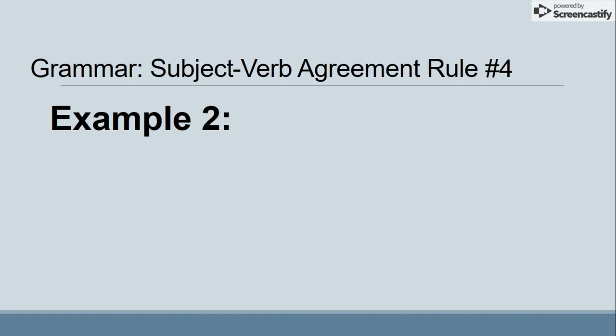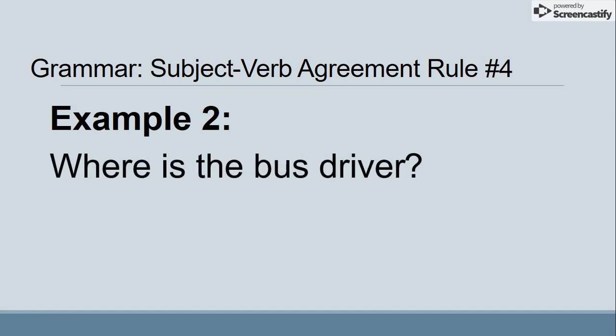Our second example are questions. Questions are always inverted sentences. The subject is always going to be after the verb, usually towards the end of the sentence. Like this sentence right here, where is the bus driver? Our subject is not where. Where is an adverb. Our subject has to be a noun or a pronoun that is the focus of the sentence.